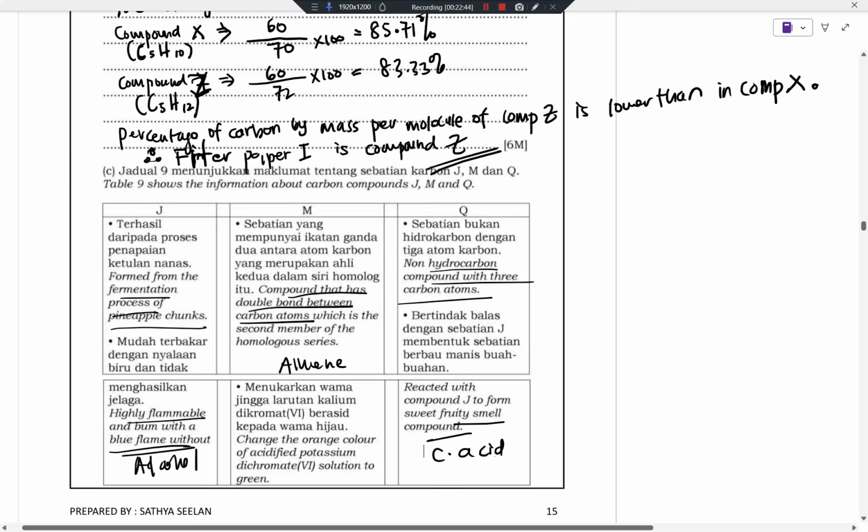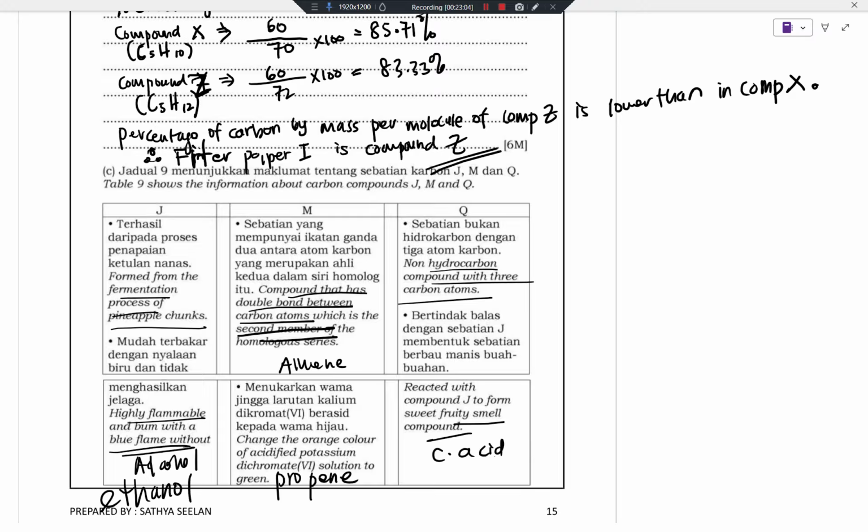Compound that has double bond between carbon atom which is the second member. Okay, சொல்லிருக்காங்க. Second member ஞாபகம் வச்சுக்கணும். Alkene வந்து first member is ethene. There is no methene. Ethene. அப்ப second member this must be propene. இது confirm ethanol.